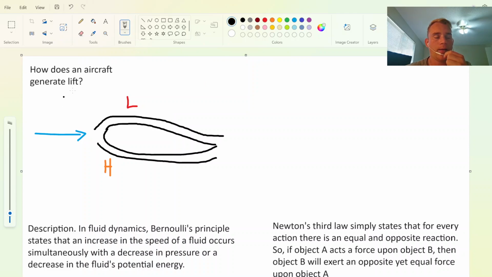That is step one. When air hits the leading edge of an airfoil, it splits into two different forms of pressure, low and high pressure.